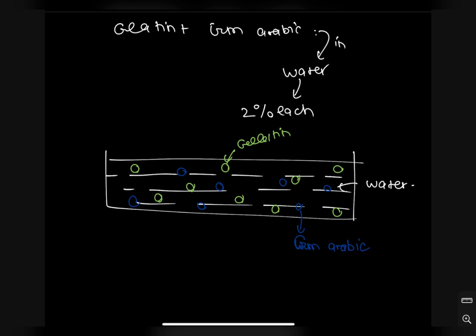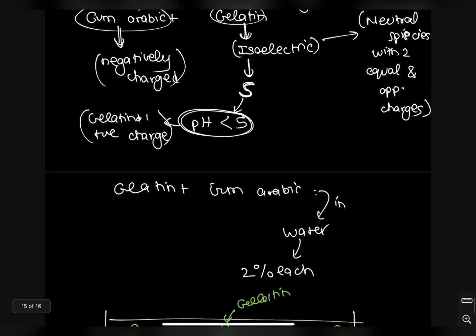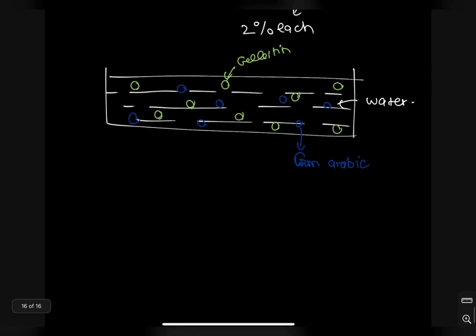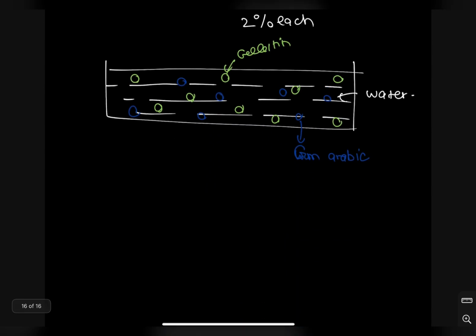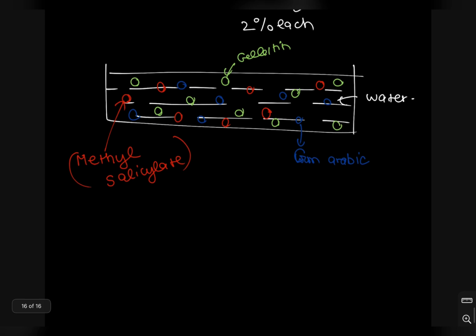Okay, so we have 2% each in solution of water, and then we will take the red color, and we will be adding the core material, which is methyl salicylate. Okay, this is the core material, and we have the two polymers.